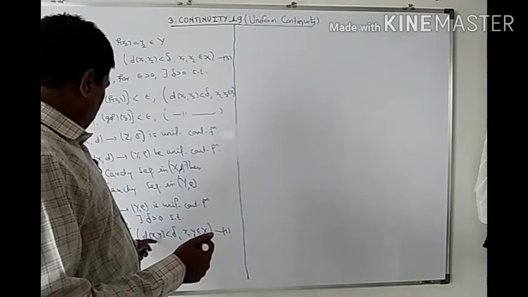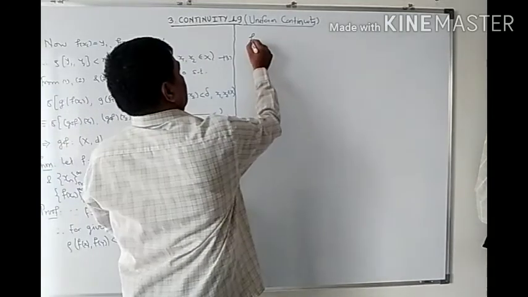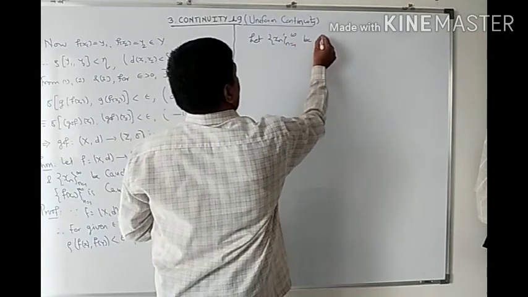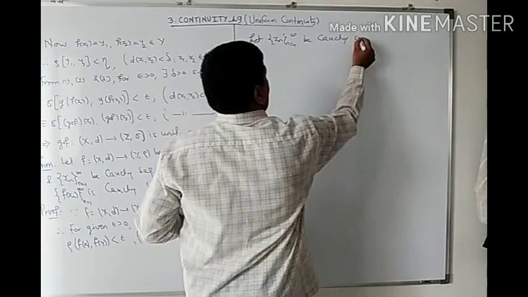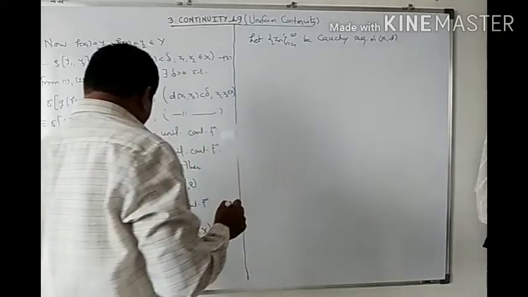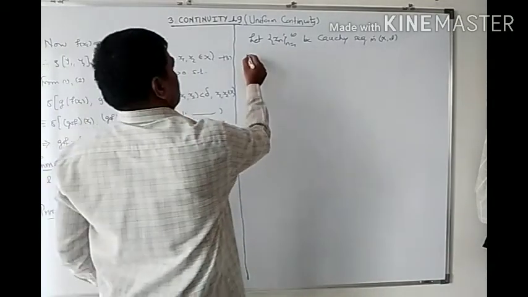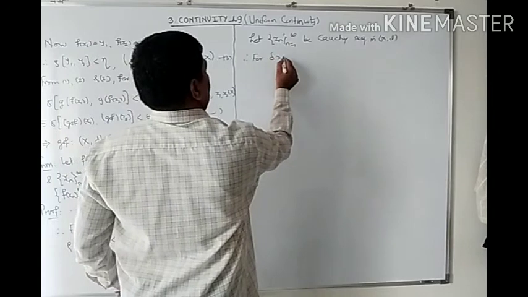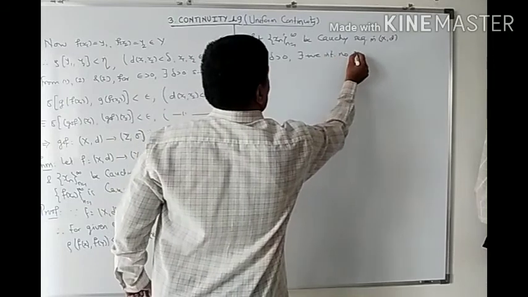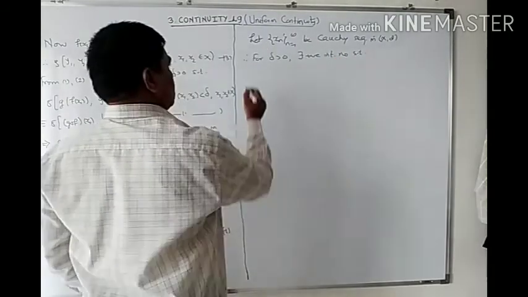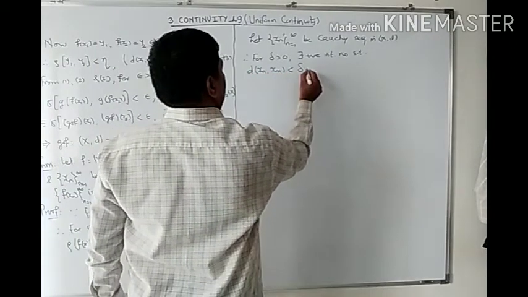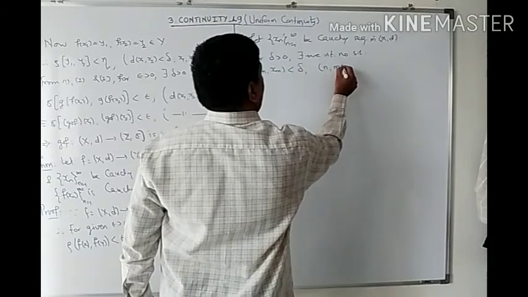So let xn be a Cauchy sequence in (X, d). Therefore, for this delta greater than 0, there exists some positive integer n naught such that d of xn, xm is less than delta for any n, m greater than or equal to n naught.